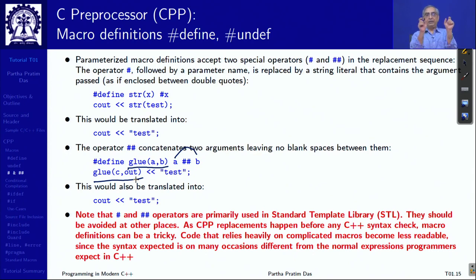So, this will take c as a string, out as a string, put them together, cout. These are primarily used in the standard template library, because a lot of template manipulations are required. I would not say that I encourage you a lot to use them, but know that these kinds of things exist.